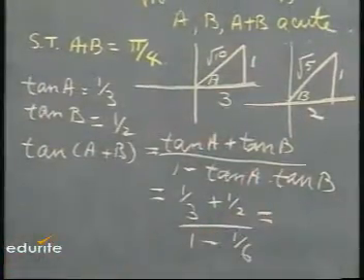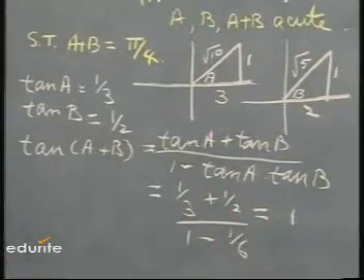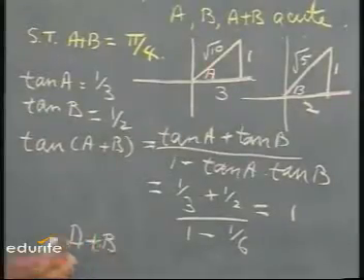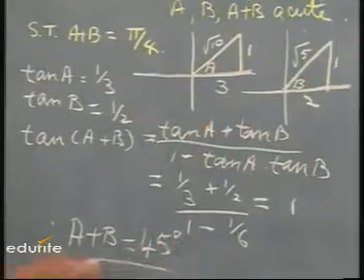Now when this is worked out, we get 5 over 6 divided by 5 over 6, that's equal to 1. Now if tan A plus B is equal to 1, it means that A plus B is therefore equal to 45 degrees, and that's what we have been asked to prove.